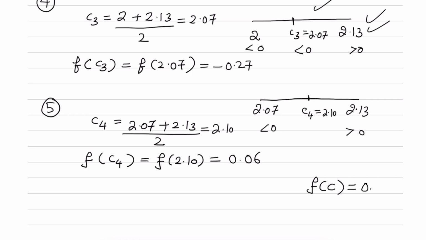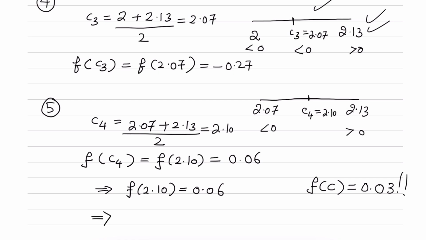And now I think we should stop, because remember our goal was to find some number C such that you have 0 point and a digit, because you had to find the root correct to one decimal place. So we have found f of 2.10, which is 0.06.